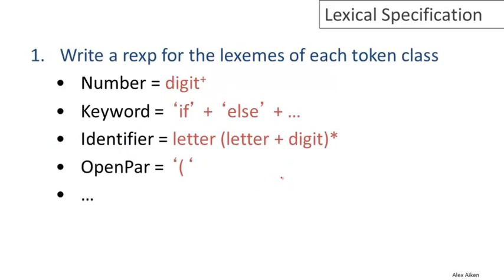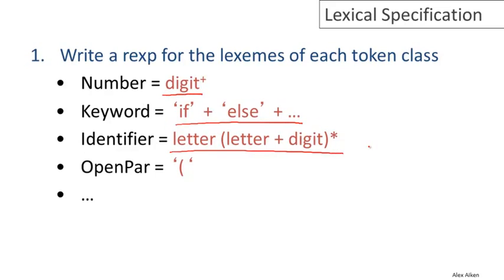The first thing we're going to do when we want to design the lexical specification of a language is write a regular expression for the lexemes of each of the token classes. And we talked about how to do this last time. So for the numbers, we might use digit+ as our regular expression, and we might have a category of keywords, which is just a list of all the keywords in the language. We will have some category perhaps of identifiers.